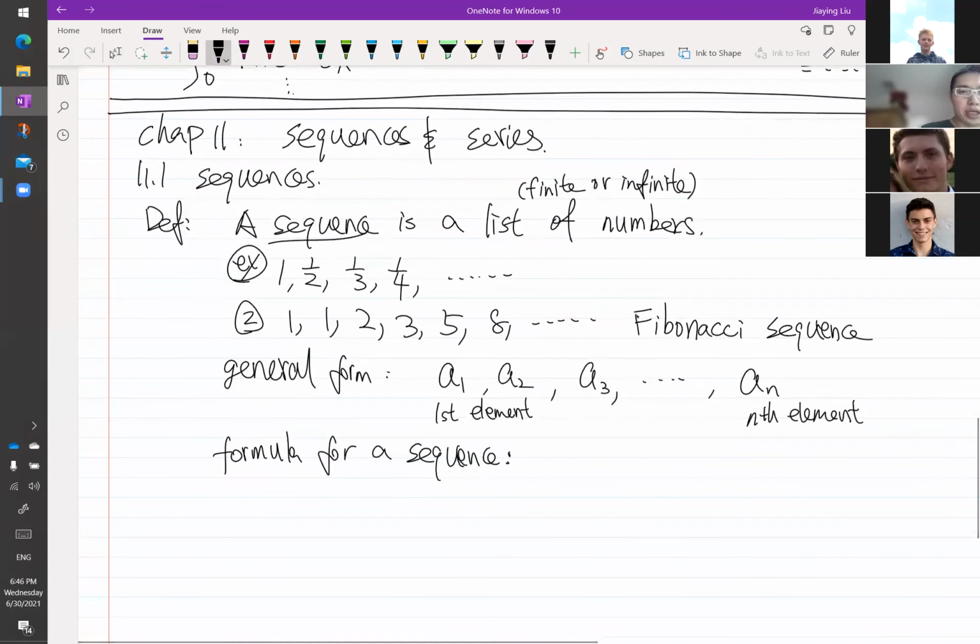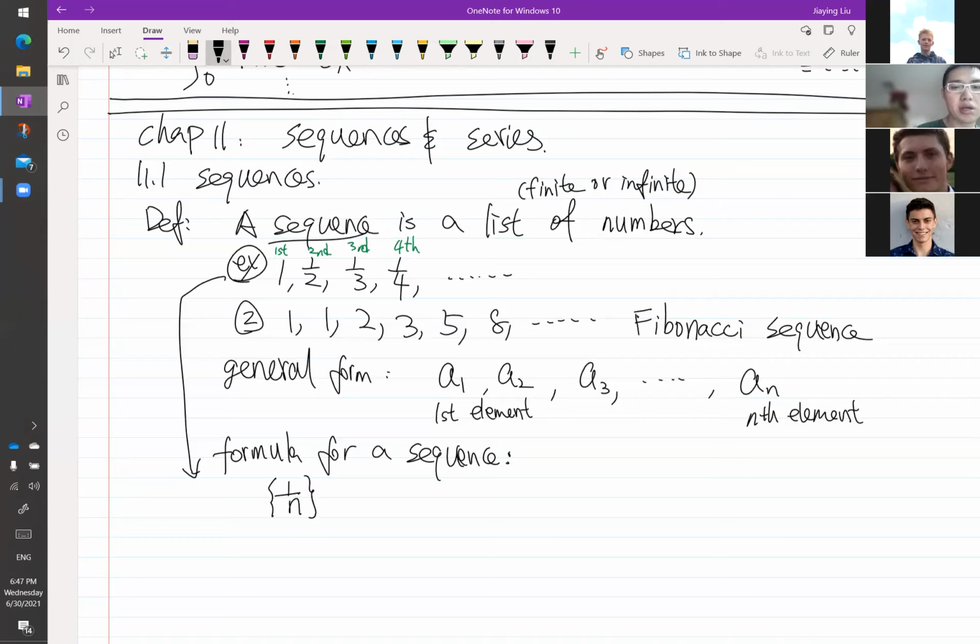For example, the example I gave earlier, I have 1, 1/2, 1/3, 1/4, and this is the first element, this is the second, this is the third, this is the fourth, and then we can write a formula that represents the element in that sequence. This is probably not new to you, so I'm just going to write it down. The formula for that example would be 1/n, in curly brackets, for n going from 1 to infinity.